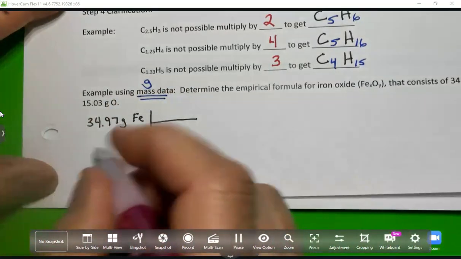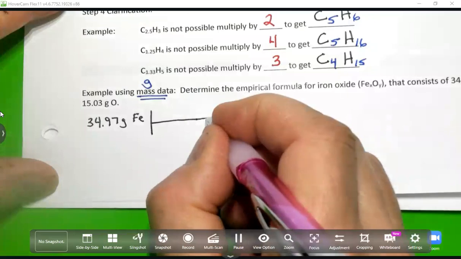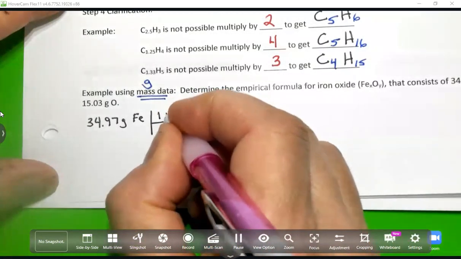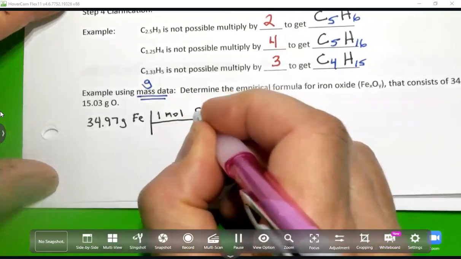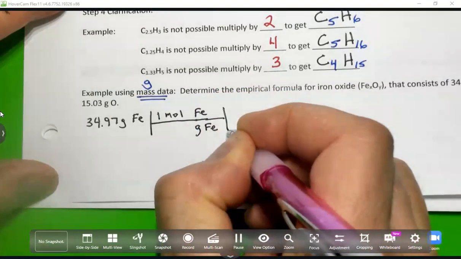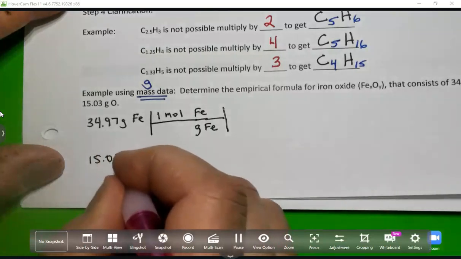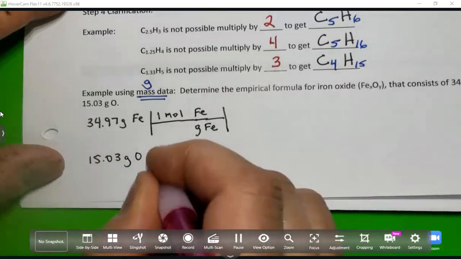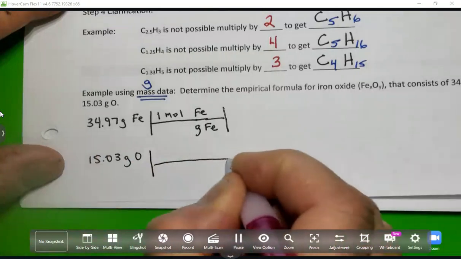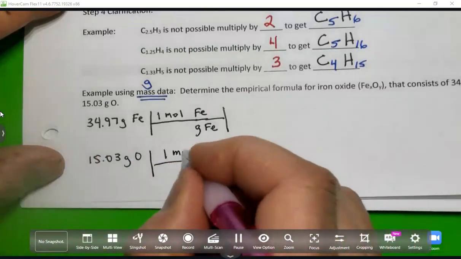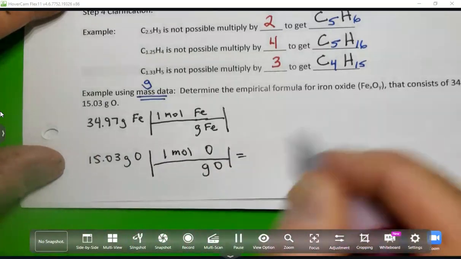I'll line these up. I'm going to write grams of iron over one mole of iron. Here, 15.03 grams of oxygen. I'm going to go grams of oxygen, 1 mole of oxygen.